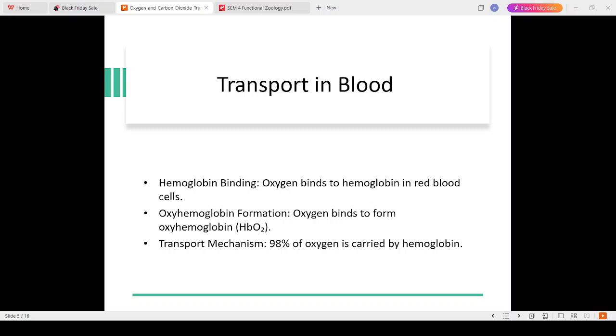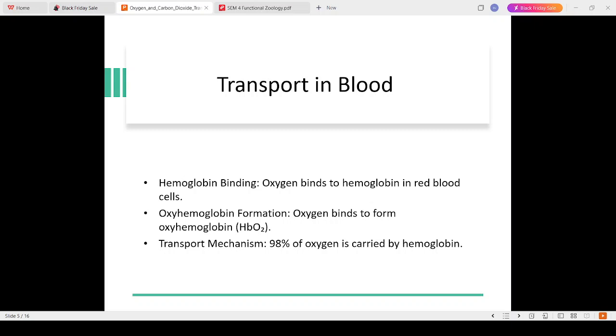If there is higher oxygen pressure, this kind of splitting of oxygen may not be possible. It is because the partial pressure of oxygen in the cells is very much lower than the partial pressure of oxygen within the blood. You might know that in diffusion, gases always flow from a region of higher pressure to a region of lower pressure.